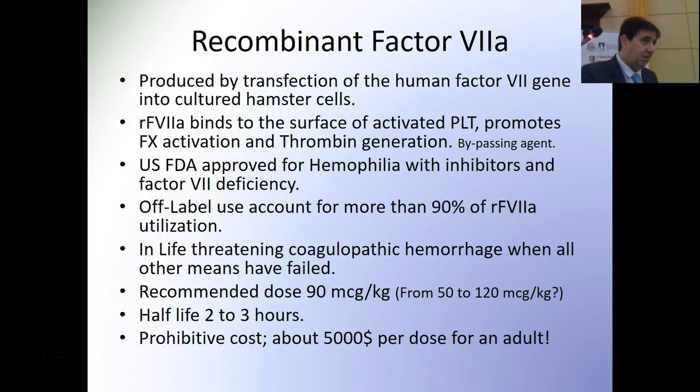Following that, people were encouraged to use recombinant factor 7A more and more in situations with hemorrhage, mostly coagulopathic hemorrhage. Although it is not FDA approved for that, it's being used more and more in situations other than hemophiliacs or Glanzmann's disease. It is produced by transfection of the human factor 7 into cultured hamster cells.